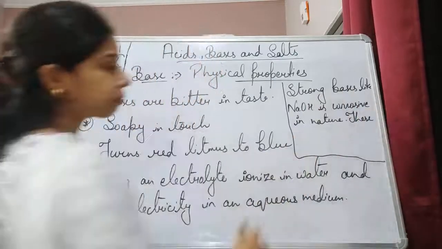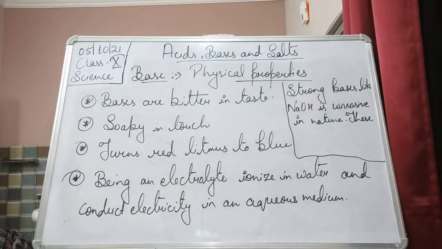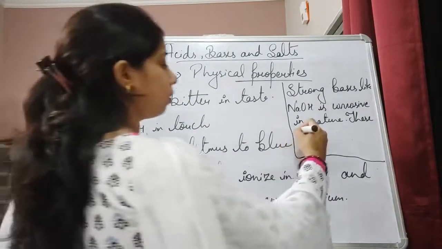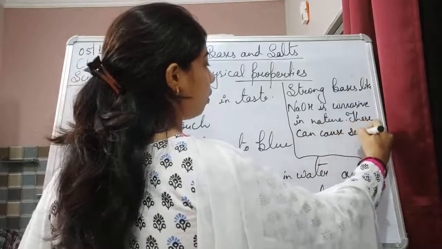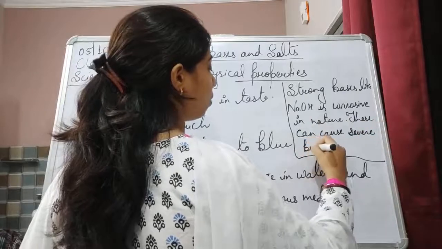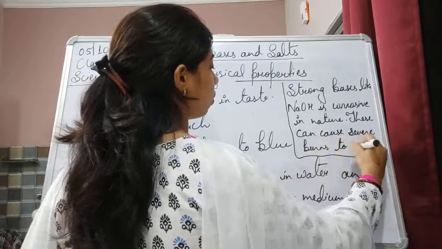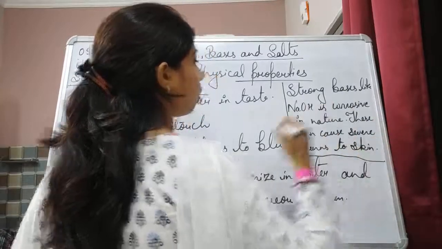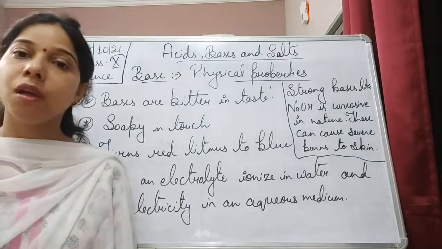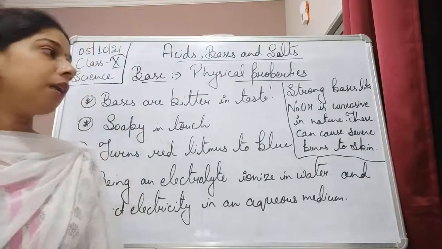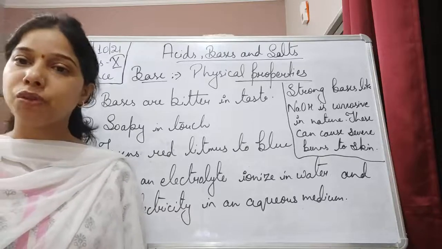These can cause severe burns to skin. Okay, so strong bases are generally corrosive in nature and can cause severe burns to skin.